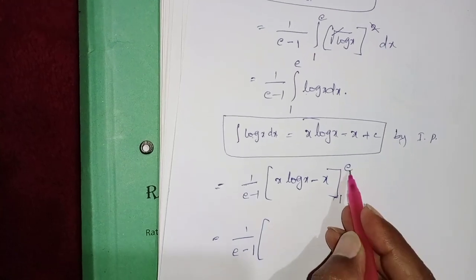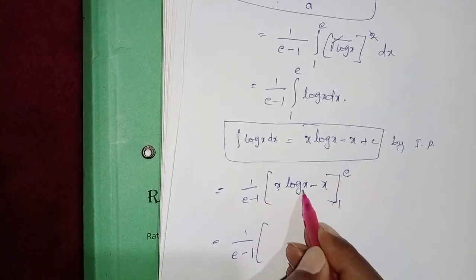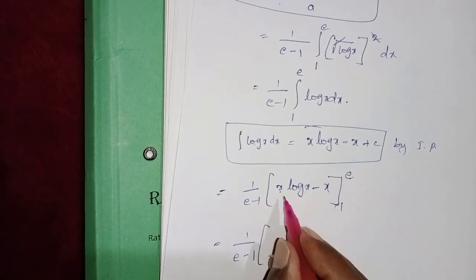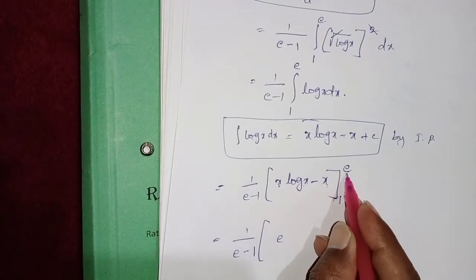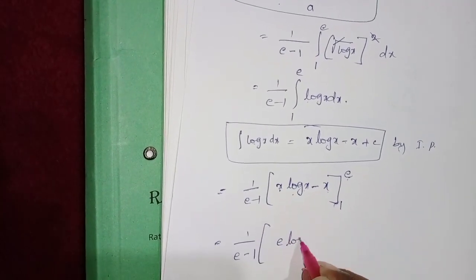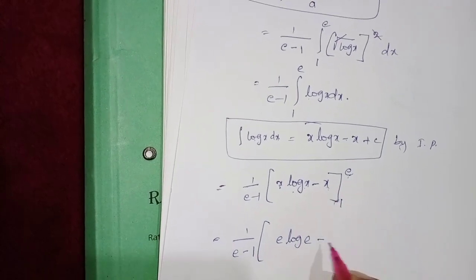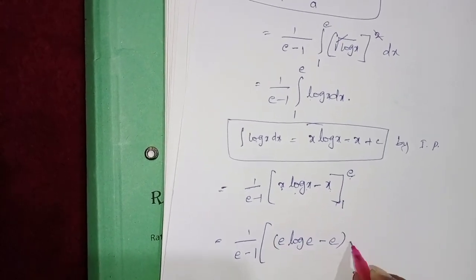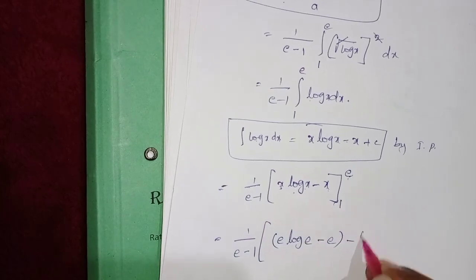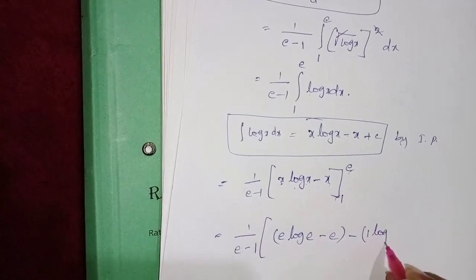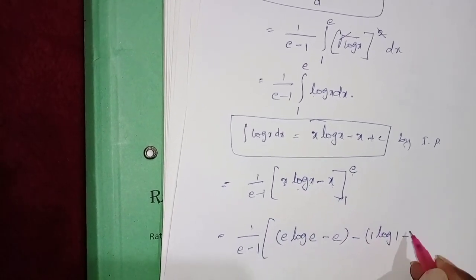Now substitute the upper limit e in place of x: e into log e minus e, minus, substitute the lower limit 1 into log 1 minus 1.